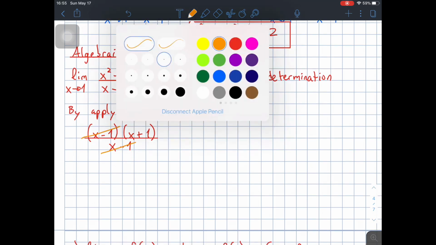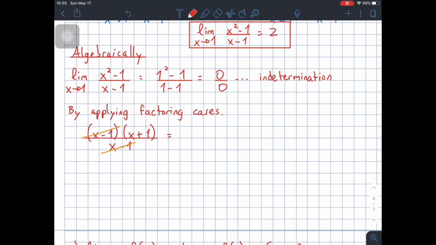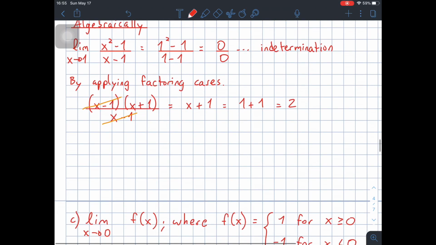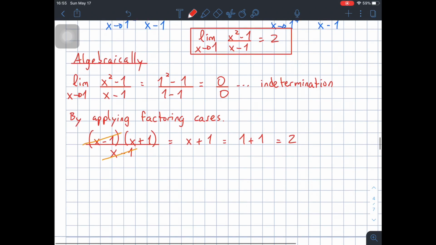So now this is obviously equal to x plus 1. Now I'm going to replace once again the value of x with the given value of x of the exercise, which is 1, right? And you see that 1 plus 1 is 2. And that's exactly the value of the limit of this function.